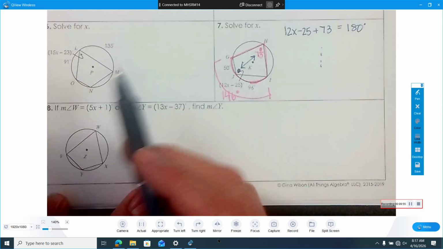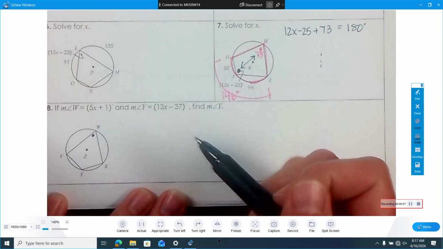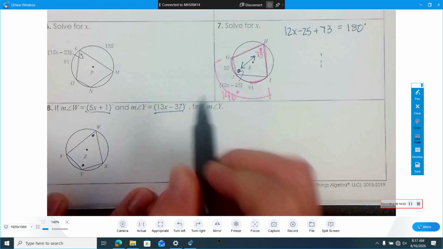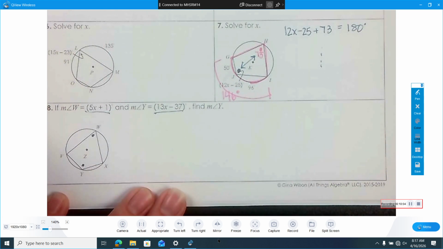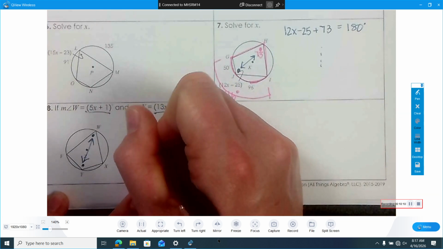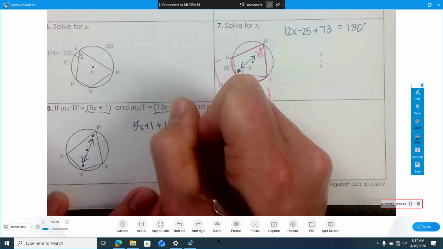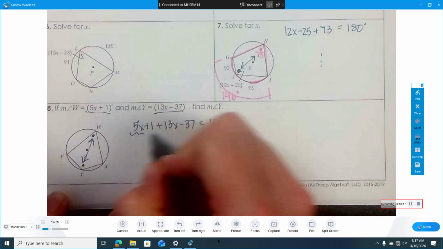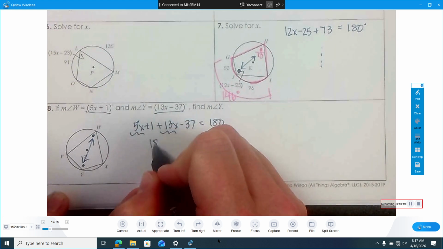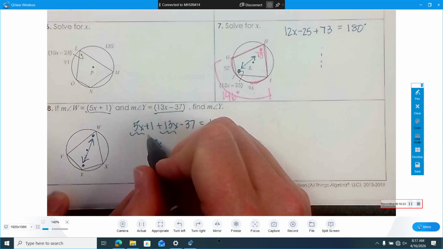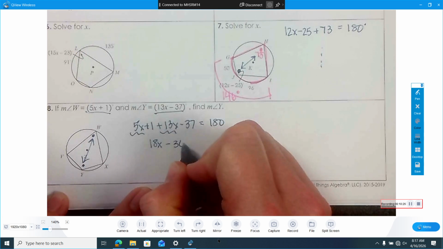All right. We know angle W is 5x plus 1, and angle Y is 13x minus 37. So what could we set up to write that equation? They add together to be 180, yeah. So 5x plus 1 plus 13x minus 37 equals 180. I'll go ahead and solve this one. 5x's and 13x's is 18x's, and 1 minus 37 is negative 36.